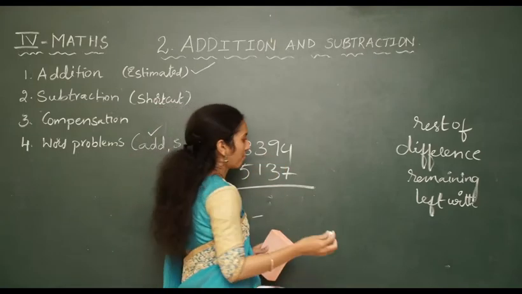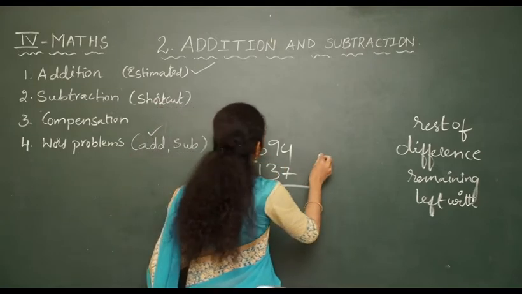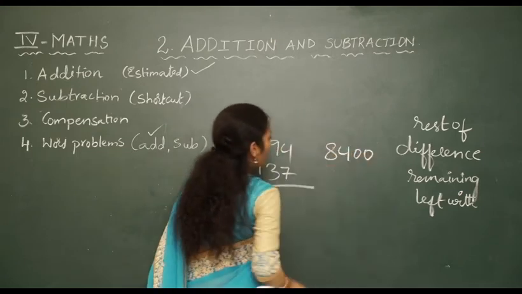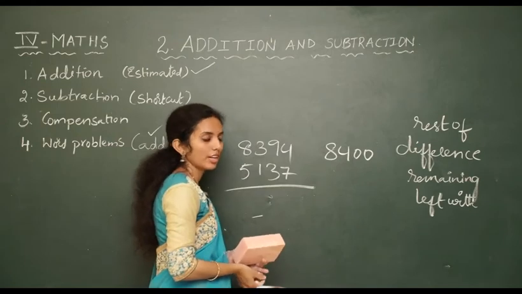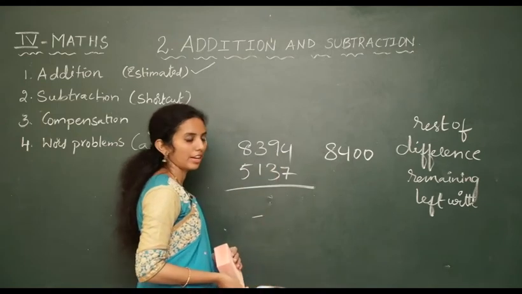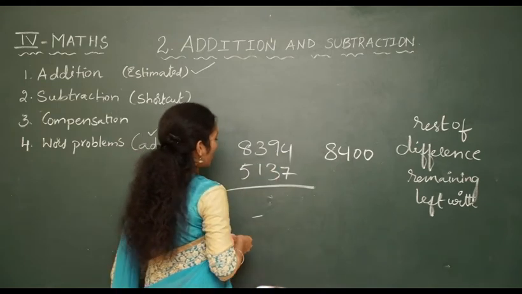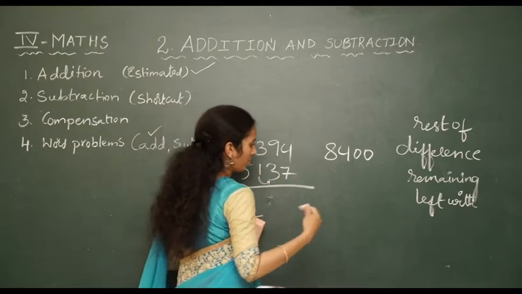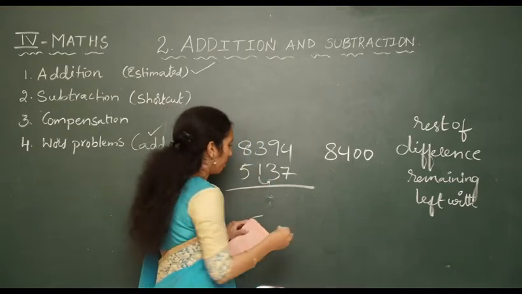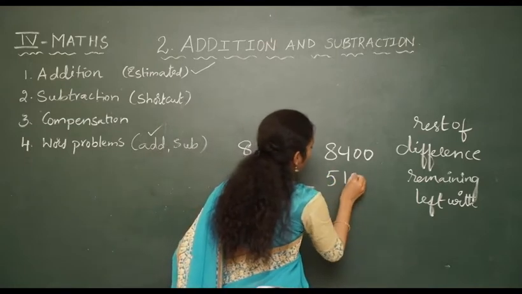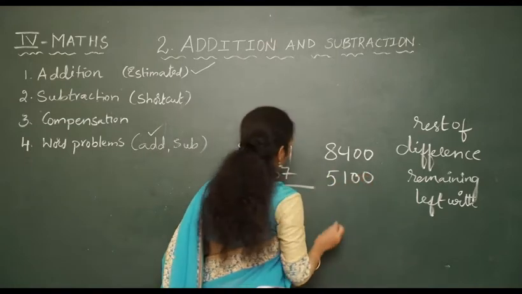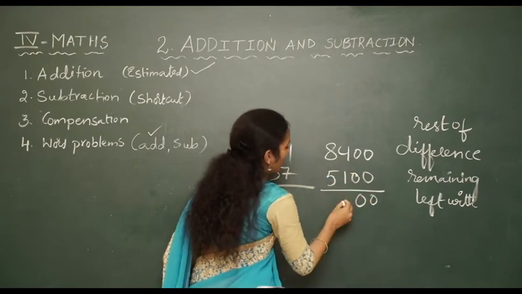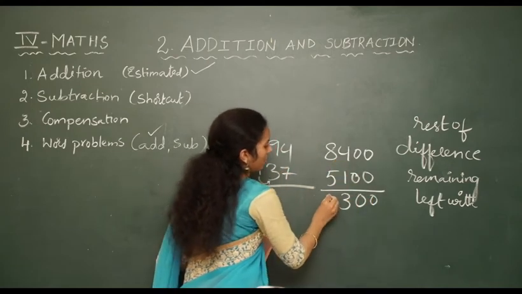So it is bigger than 5. So we have to upgrade the number, that is 8400 will be the rounding figure to the nearest 100 of 8394, and 5137. So after 1 it is 3, it is below 5. So we have to downsize the number, that is 5100 will be the number here. So 0 minus 0, 0, 0 minus 0, 0, 4 minus 1, 3, 8 minus 5 is 3.